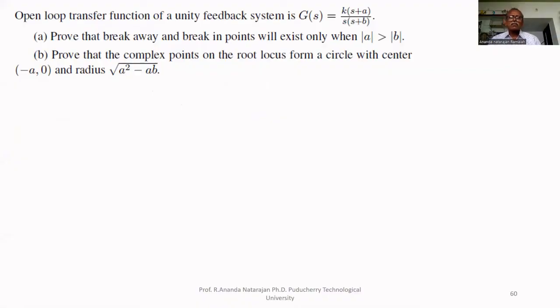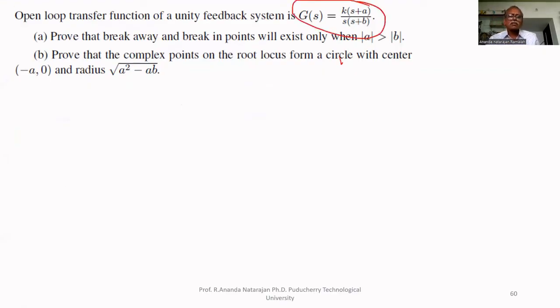The open loop transfer function of a feedback system is G of S equal to K multiplied by S plus A upon S multiplied by S plus B. That is the open loop transfer function.